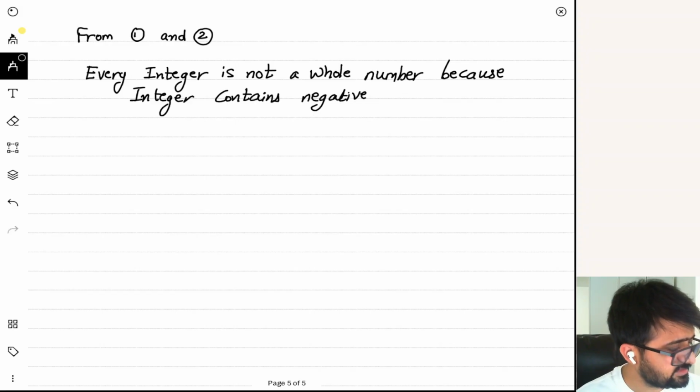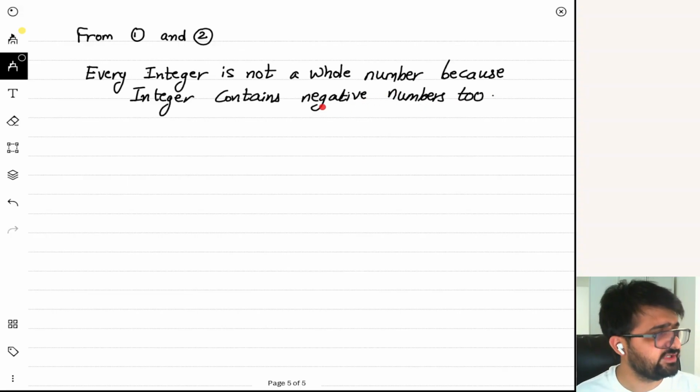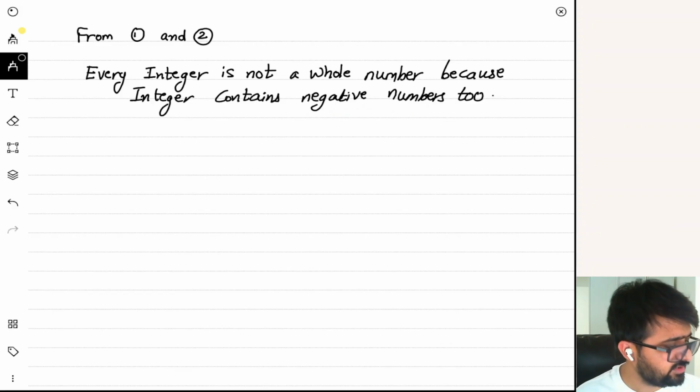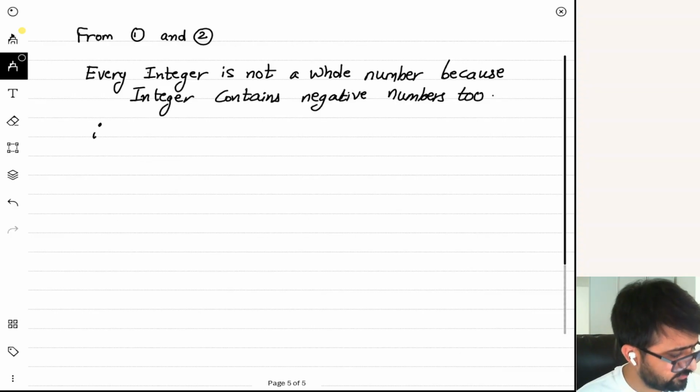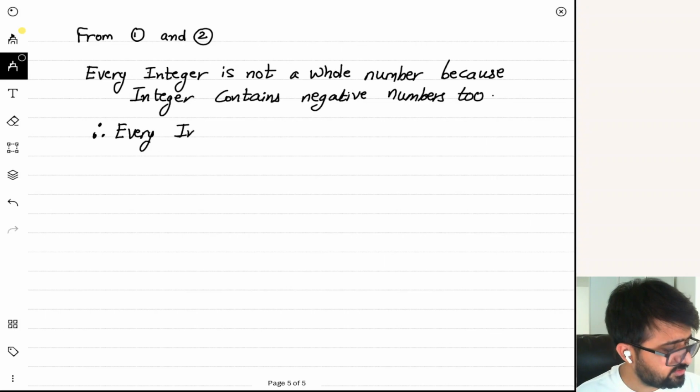Integer contains negative numbers too, and negative numbers are not whole numbers, but integer does contain negative numbers, which then tells me that every integer is not a whole number. So therefore, every integer is not a whole number.